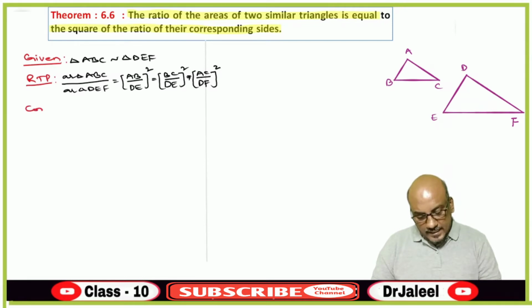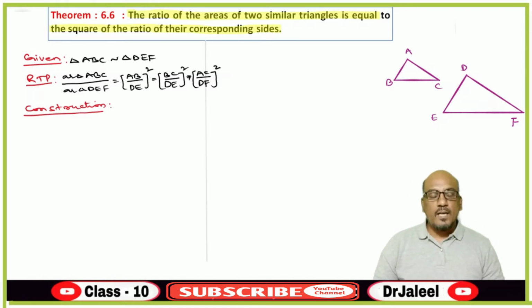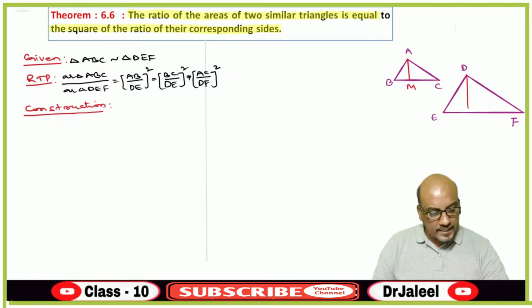We will have a construction here. I am drawing one perpendicular from A to BC. Let me name it as AM. Another perpendicular from D to EF. Let me denote this with N. These two are perpendiculars.